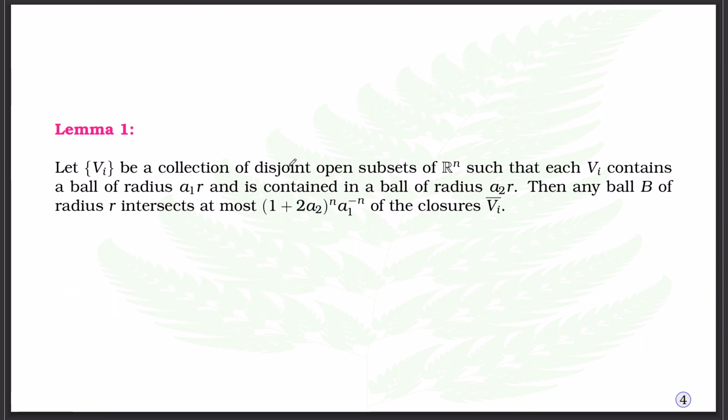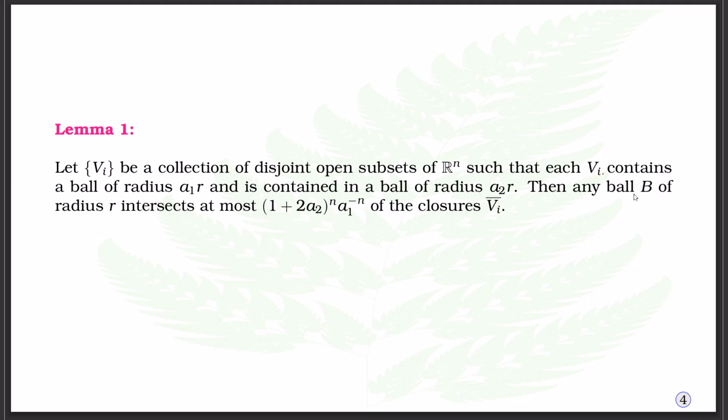For that, I just present the theorem. Based on this lemma, one can prove the following theorem. Let V_i be a collection of disjoint open subsets of R^n such that each V_i contains a ball of radius a_1 r and is contained in a ball of radius a_2 r.